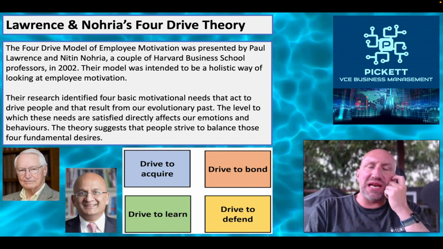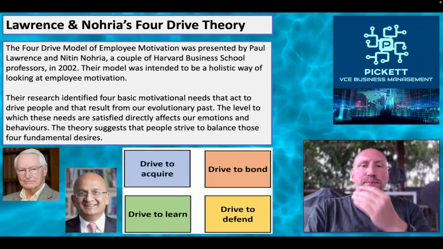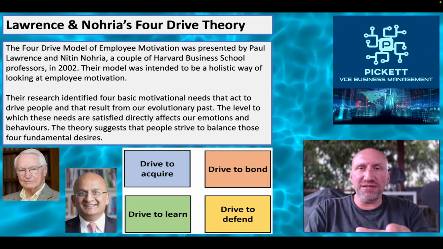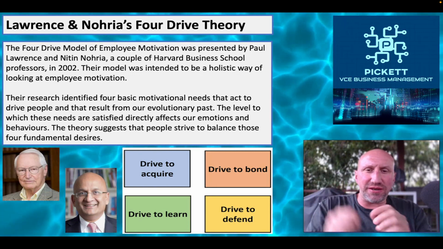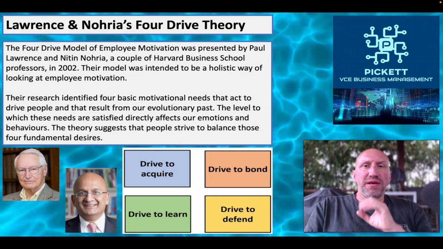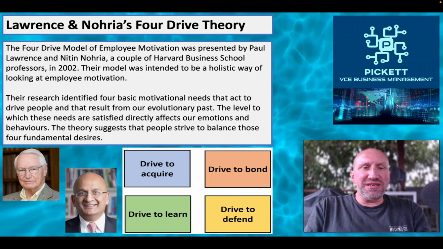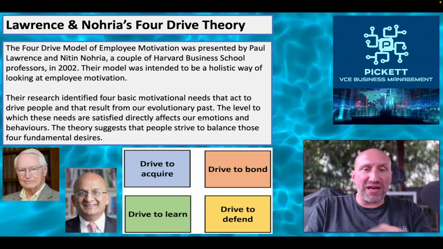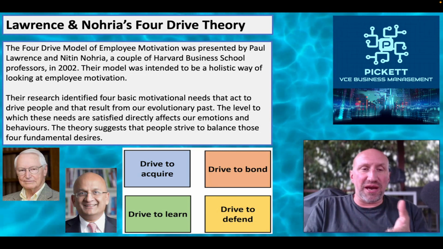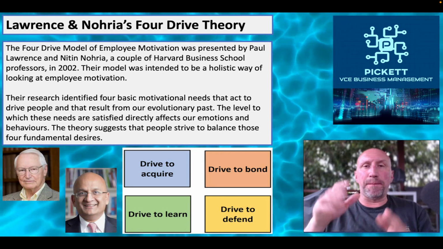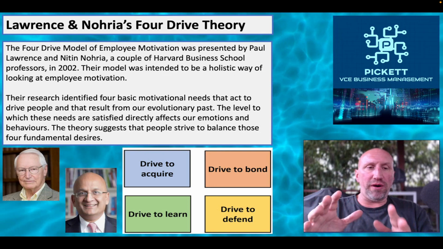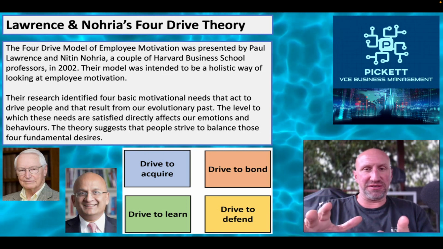So their research basically identified four basic motivational needs already. This is sounding a little Maslow-esque. Now, the level to which these needs are satisfied directly affects our emotions and our behaviors. Okay. And their theory suggests that people strive to balance these four fundamental desires.